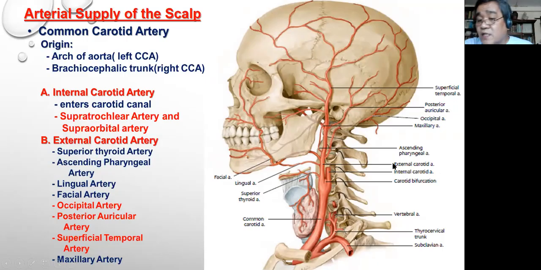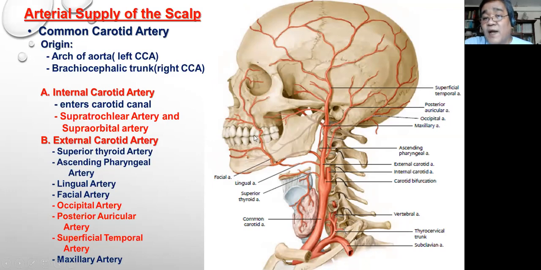The internal carotid artery, by the way, enters the cranial cavity via the carotid canal, and one of its branches is the supratrochlear artery, as well as the supraorbital artery, which emerges from the supraorbital foramen over here, and supplies the frontal portion of your scalp.